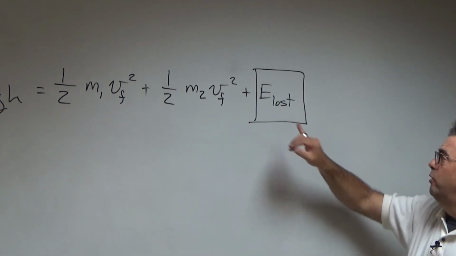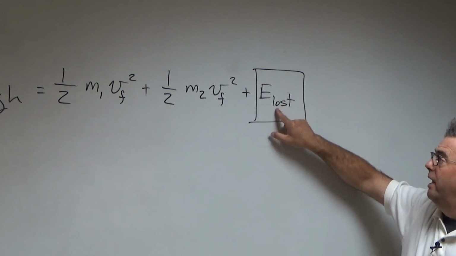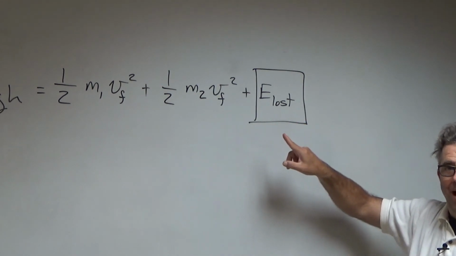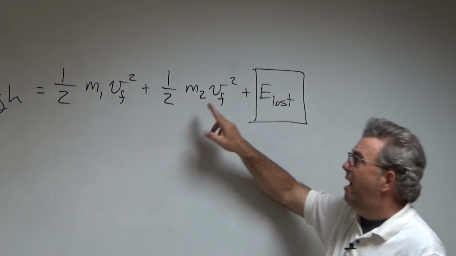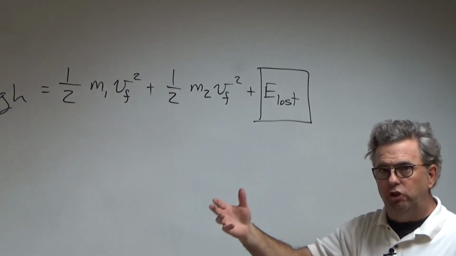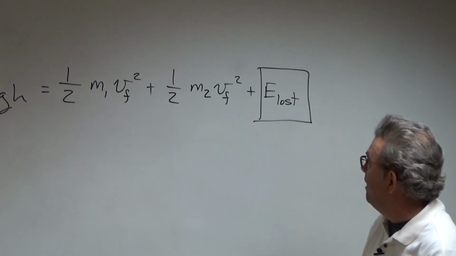Now, should this value be positive or negative? Well, the way I've written it, you should get a positive value for E lost to make this system balance, because your V finals will be less than they should be if there were no losses. Okay, so you'll calculate E lost.